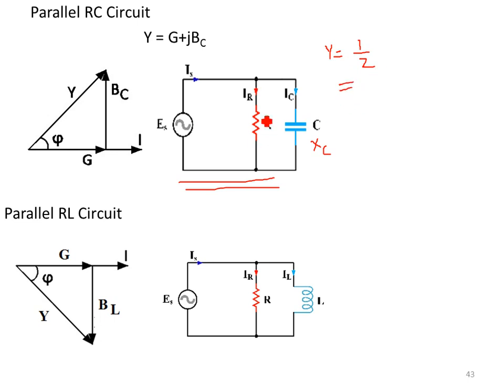What is the impedance of the first branch? It is R, so it is 1/R. The impedance of the second branch is minus jXC, so we can write it as 1/R + 1/(-jXC).